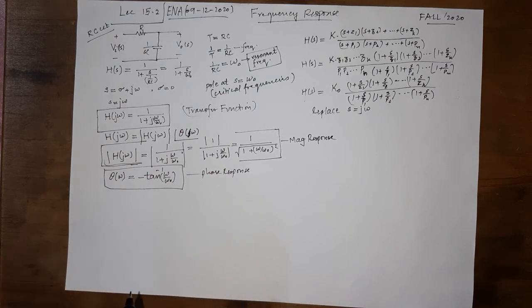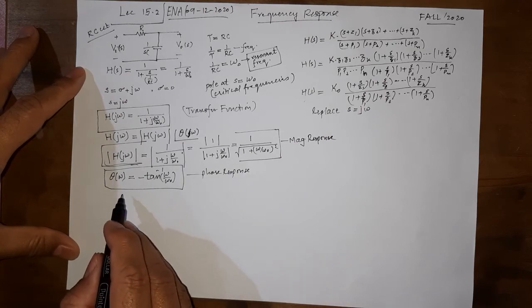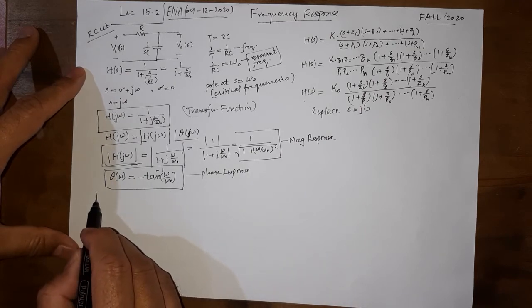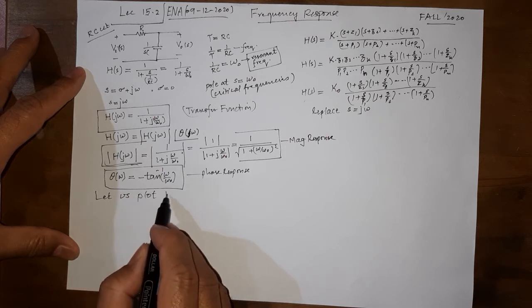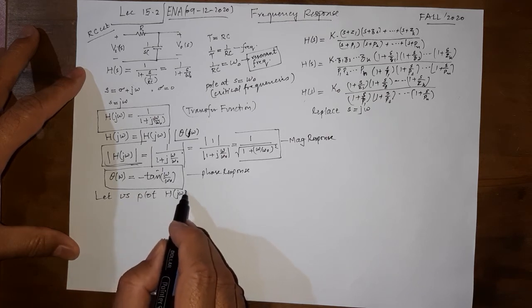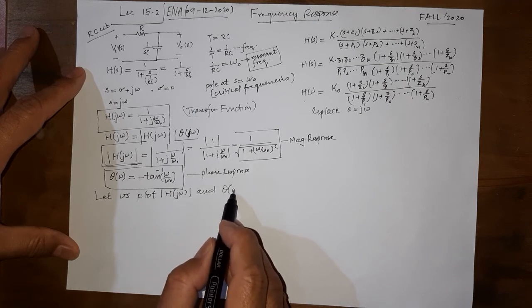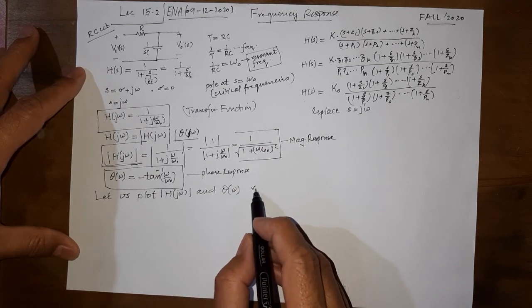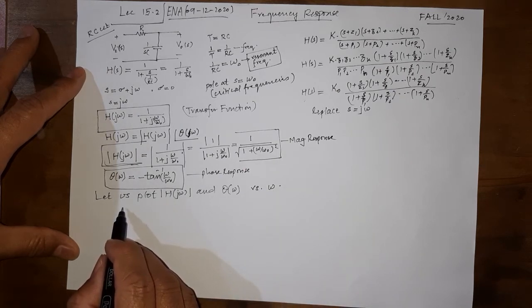Now we come to the very important and interesting thing. Let us plot the magnitude and the phase angle both versus ω.